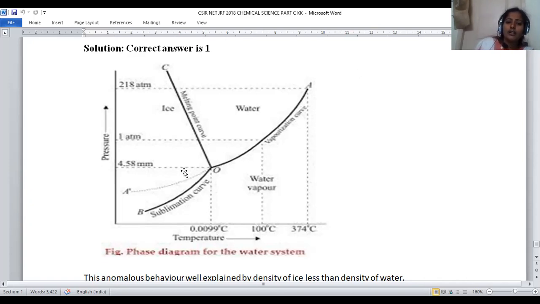When we take the OA curve, water and water vapor coexist, and this curve is said to be the vapor pressure curve. On the OB curve, ice and water vapor coexist, so we can say this is the sublimation curve. On the OC curve, ice and water coexist, and this is said to be the melting point curve. In this way, the water phase diagram is represented.